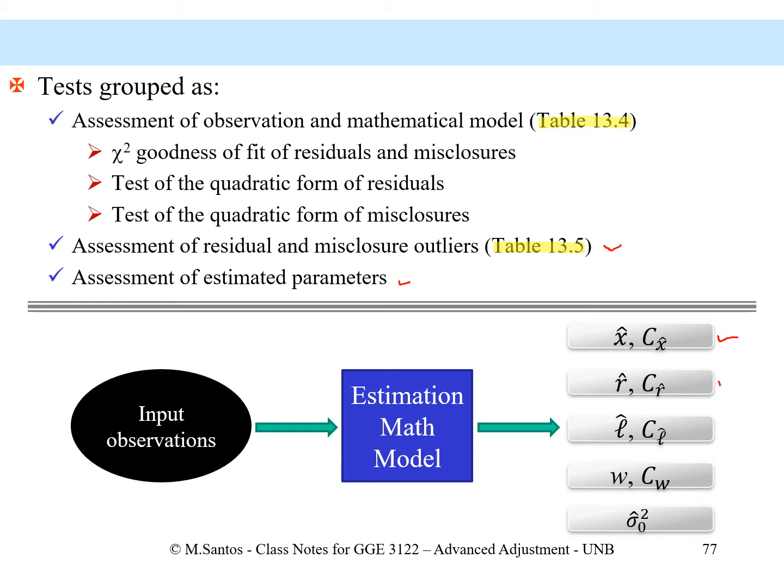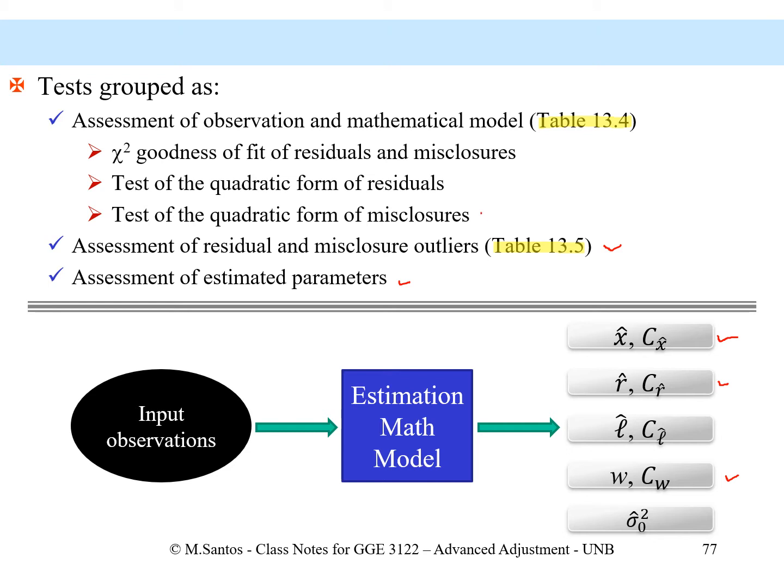So here we have residuals and misclosures. We can still check if there is any outlier. Outliers here would be a consequence of either outliers that were not detected in the univariate testing, the test before the adjustment, or anything that was somehow a byproduct of the mathematical model.